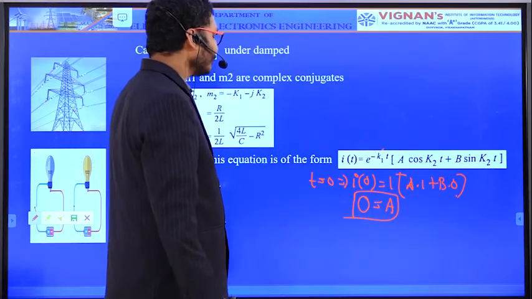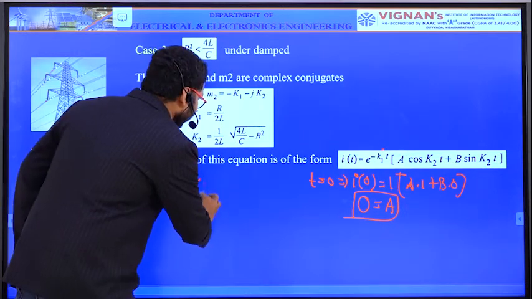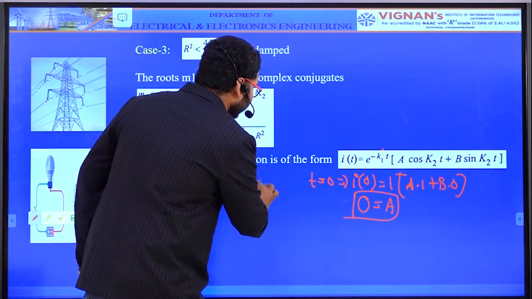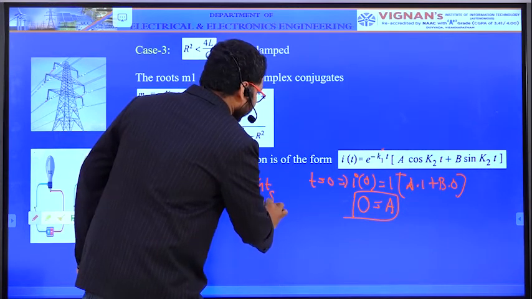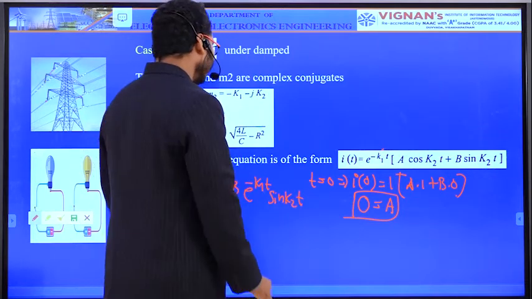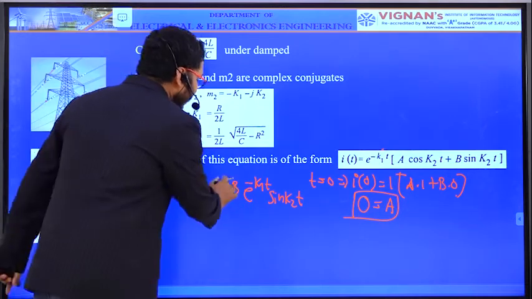Now that a equals 0, the equation looks like this: I of t equals b e to the power of minus k1t sin k2t. Another value, b, we have to eliminate. How?